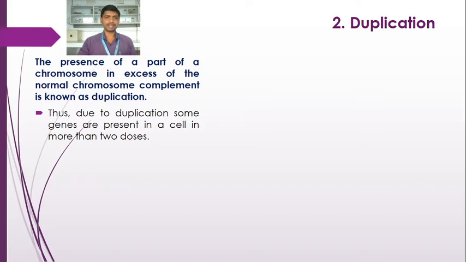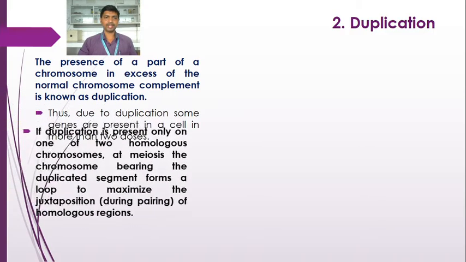If you consider the cell, these genes are in excess to the normal chromosome complement. Such phenomenon is called duplication.